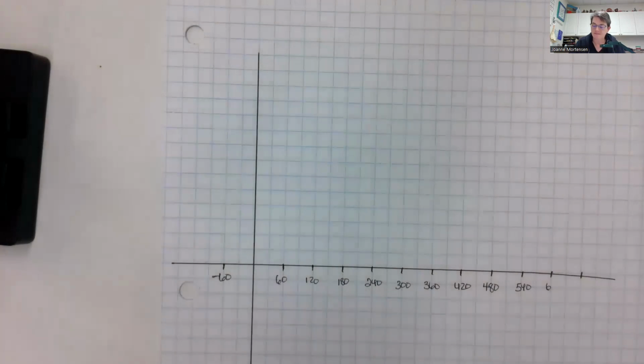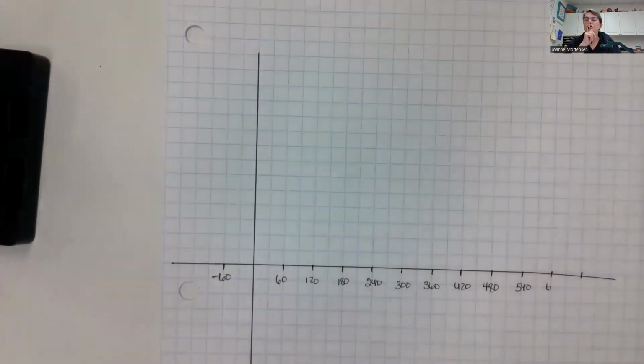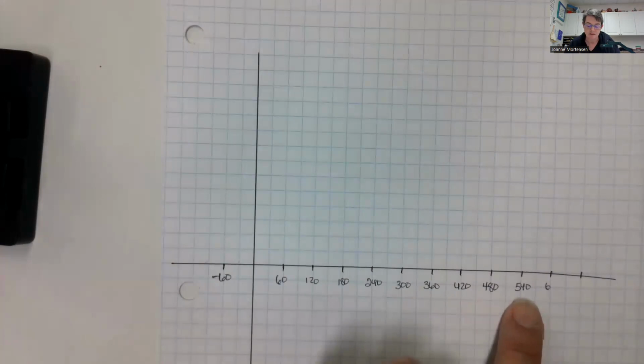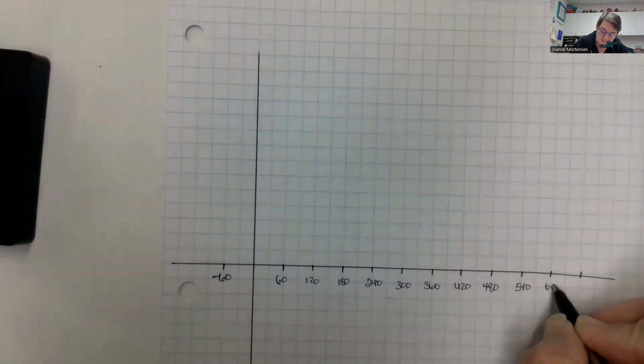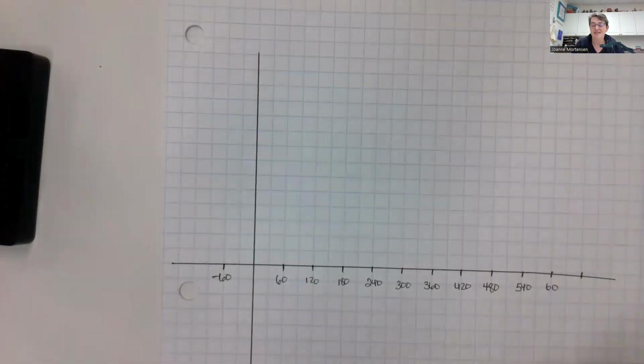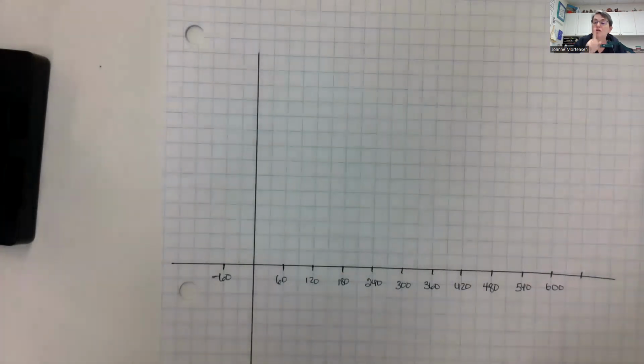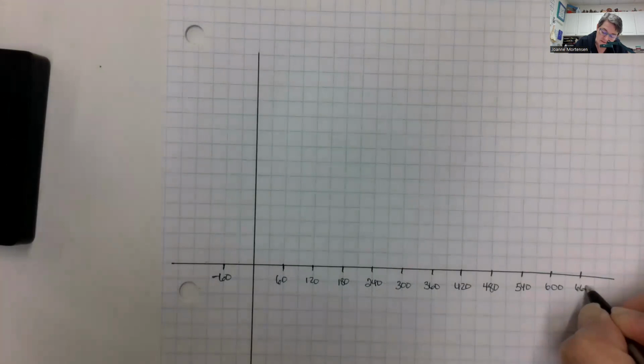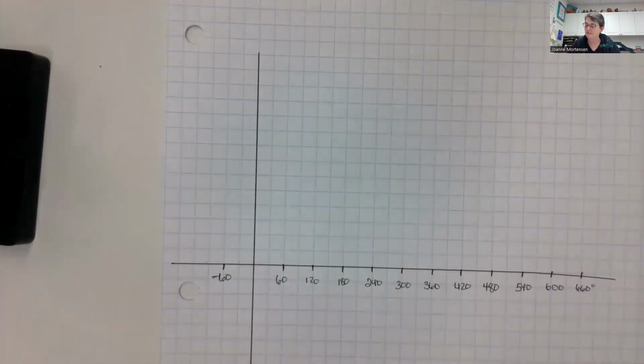Did I mess up? Don't tell the other ones. 6, 12, 18, 24, 30, 36, 42, 48. Oh, gee whiz. 600. Shh. Don't tell everybody else. All right. Woohoo. 660 fit on there.